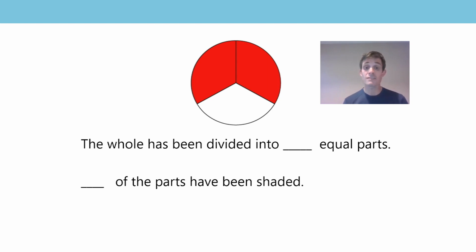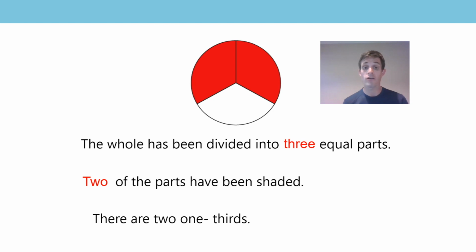So the whole has been divided into 3 equal parts. The next part of our stem sentence. So blank of the parts have been shaded. So let's say it together, filling in the blank. 2 of the parts have been shaded. So we can say there are 2/3.